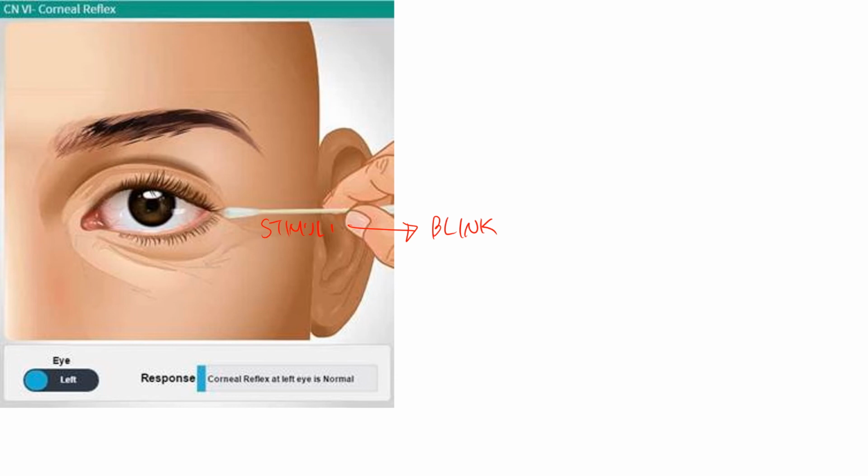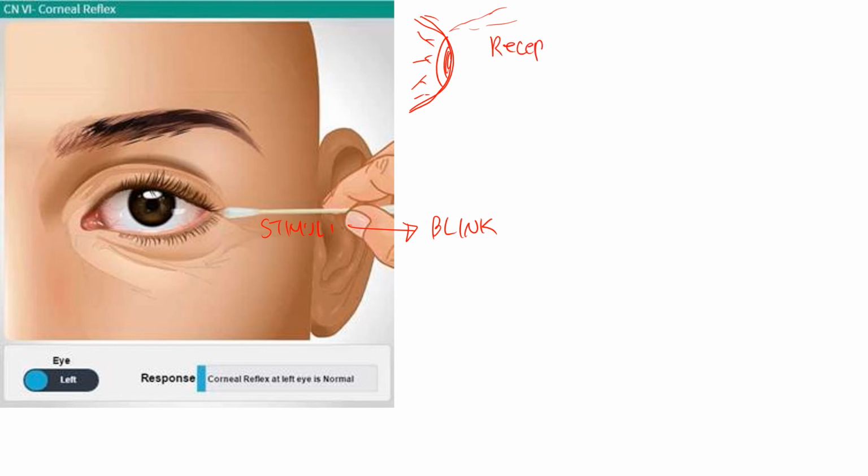Okay? So let's break it down. So let's make it really cartoony. Okay, so that's your wisp of cotton. So you have your cornea there, and you are basically stimulating the touch receptors in your cornea. So that's your sensory.